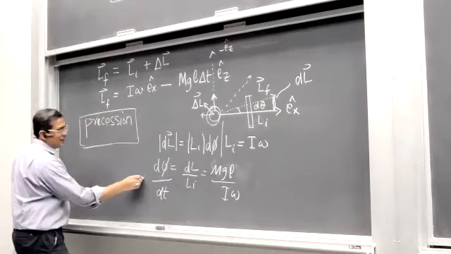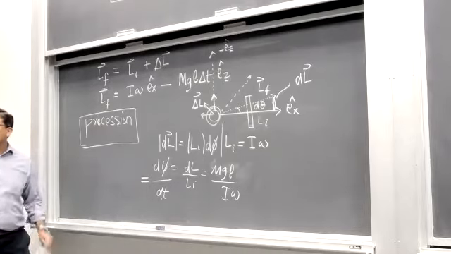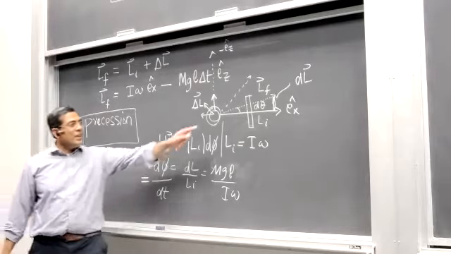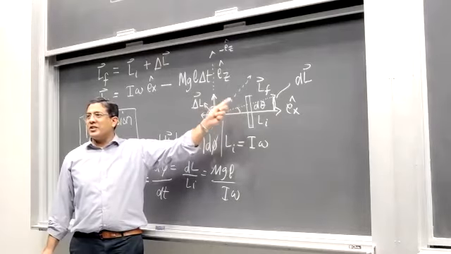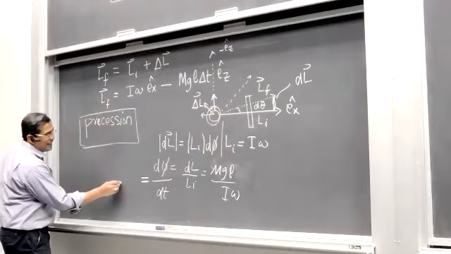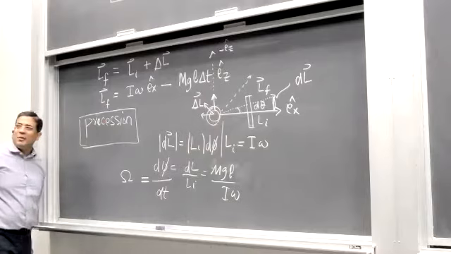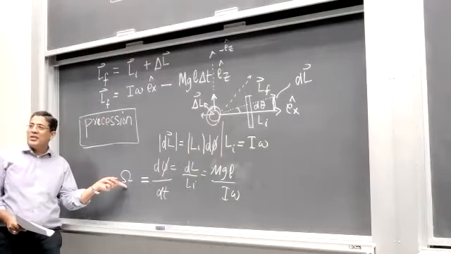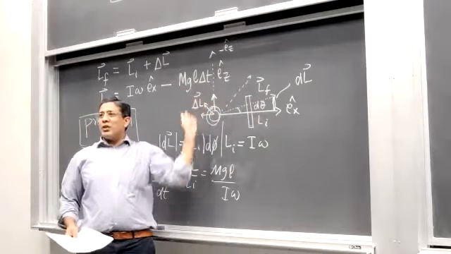And what is this, anyone? The time rate of change of this angle that the rod is making with its initial position. It will be omega. What omega? This is the precession frequency, denoted by capital Omega. This is the frequency of precession, the frequency with which the rod goes around.